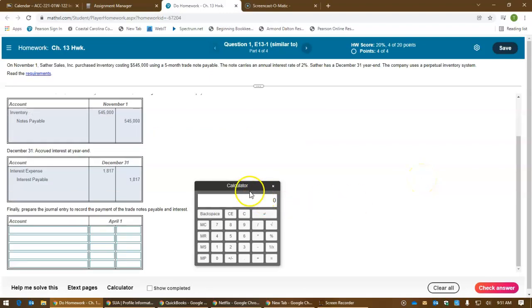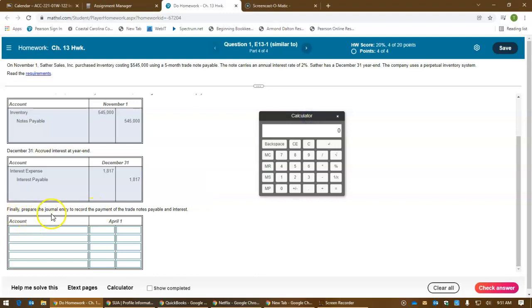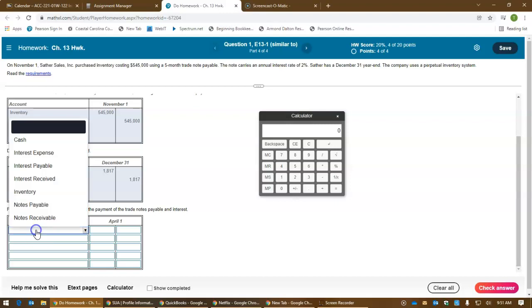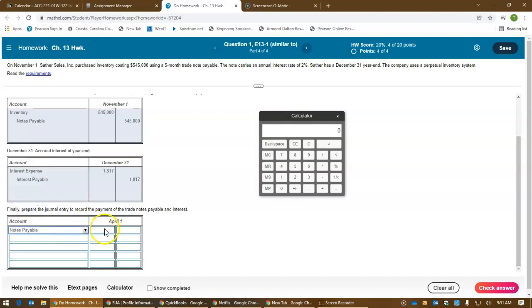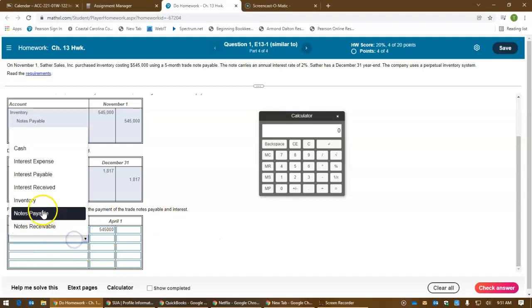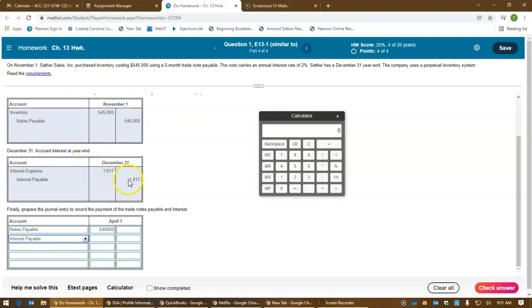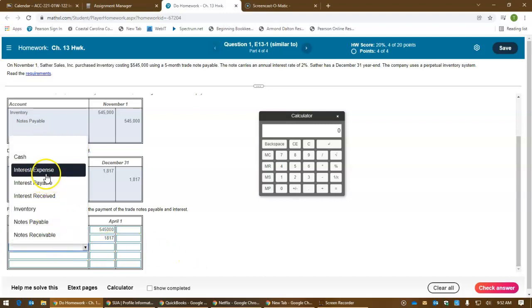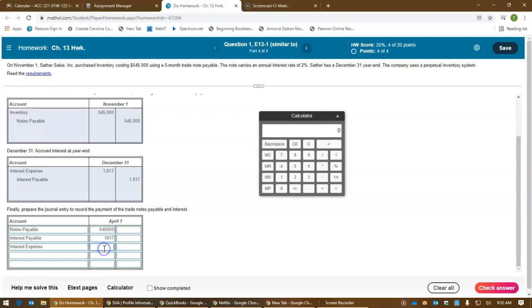Okay, and then the last one, it says prepare the journal entry to record the payment of the trade notes payable. So the notes payable is going to go down because this is actually paying it. The interest payable that we accrued here will go down because, again, we are paying it. We've got to recognize the interest expense for the following year.